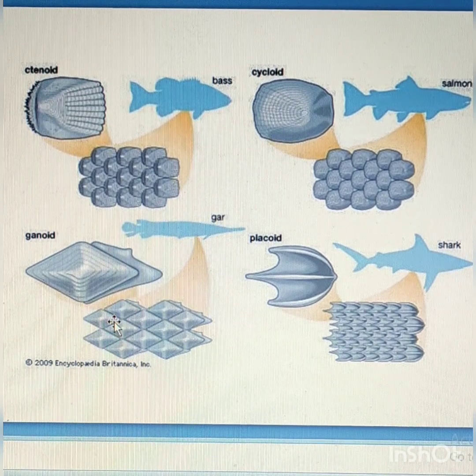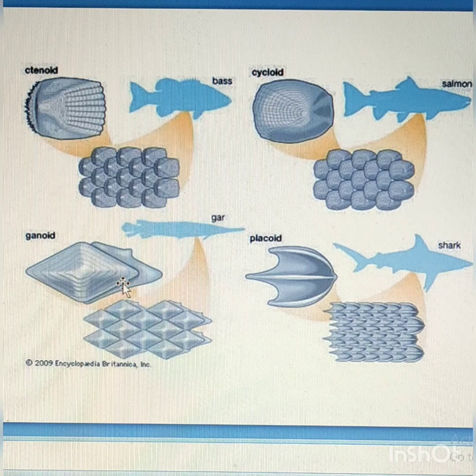Ganoid is found in some ancient fishes, that is sturgeon, paddlefish, and there are other types also which were found in primitive fishes, that is elasmoid, thelodont scales, that are generally found in some lungfishes in the ancient environment.